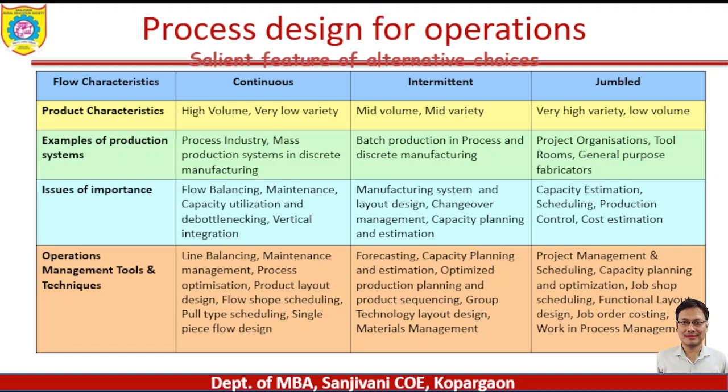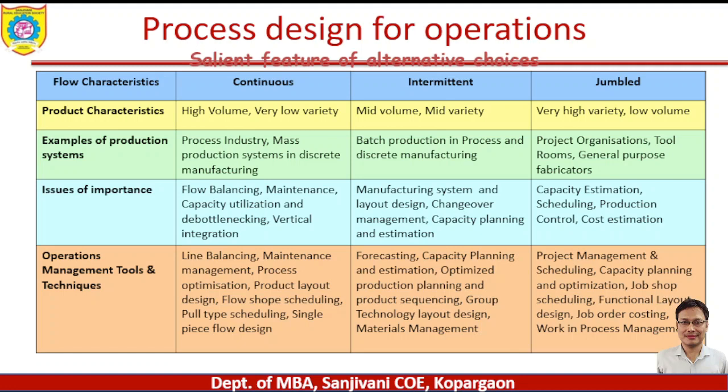Batch production is used because of the mid-range variety of products manufactured in this flow. So multiple varieties of products are manufactured at a time. Therefore, batch production is appropriate in this case.